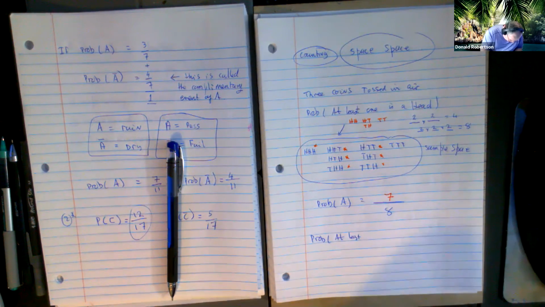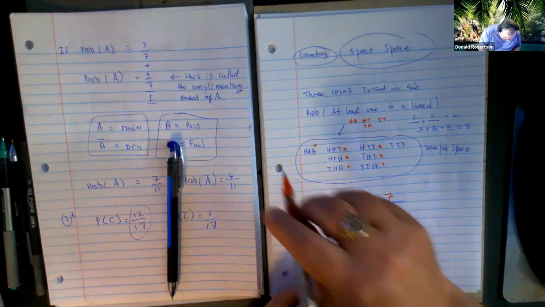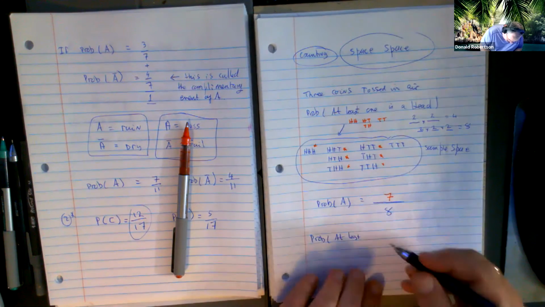Now, there is a second way in which we can calculate the probability that at least one is a head.